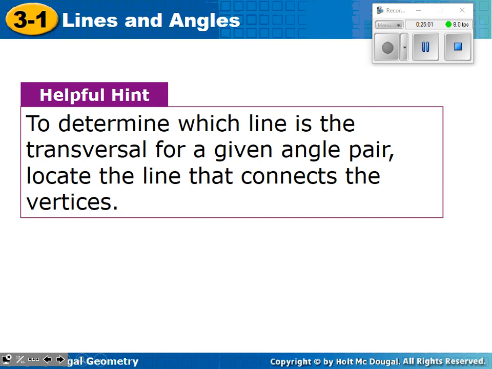So if you look at the picture and you are lost, I don't know which line's the transversal. They're all transversals. Well, the way you're going to know which one you're supposed to name for your given angle pair is to locate the line that connects the vertices of those angles. So put your pencil at one vertex, put your pencil at the other vertex, and the line that connects those 2 points will be your transversal.